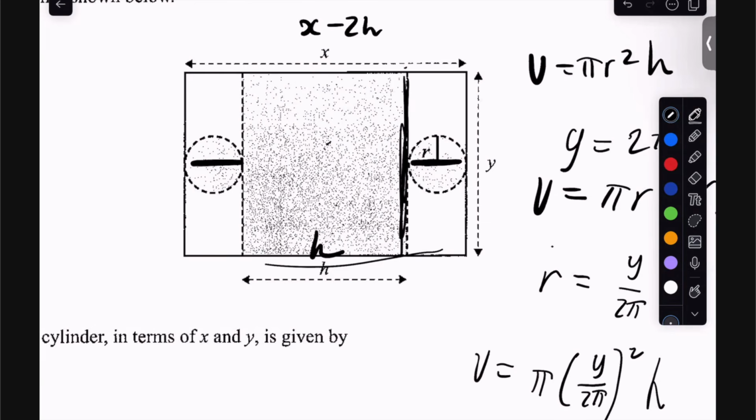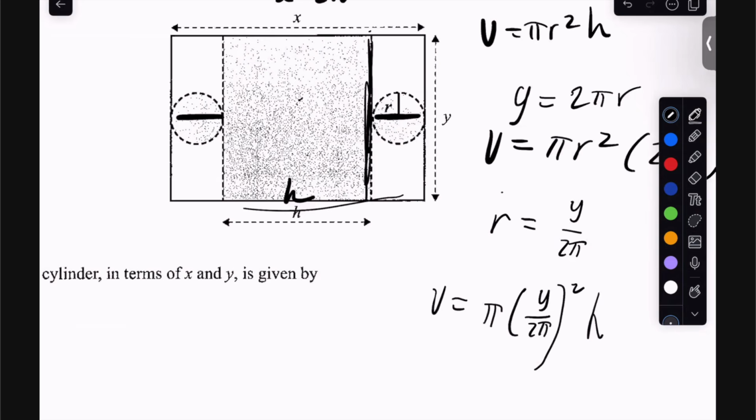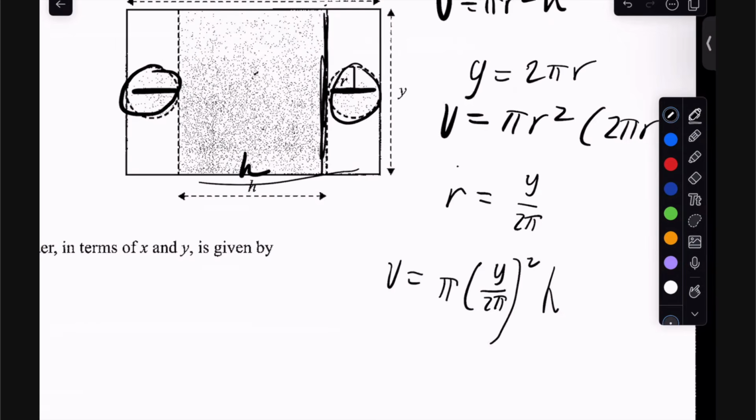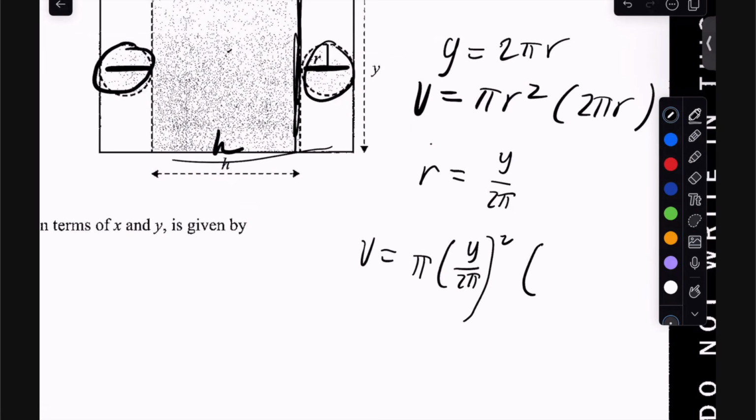So h is basically x minus 2 times the diameter, or 2 times r. So h is x minus 2 times the diameter, which is 2 times this. So 2 times 2 times y on 2 pi.